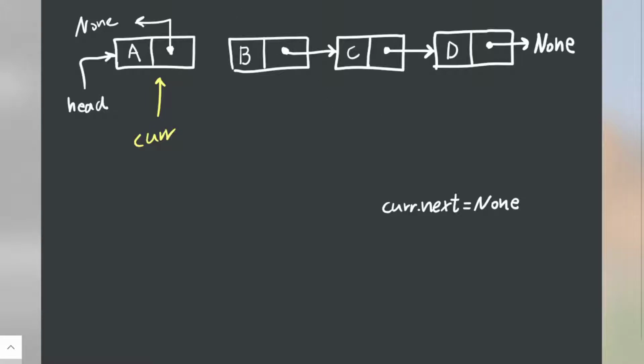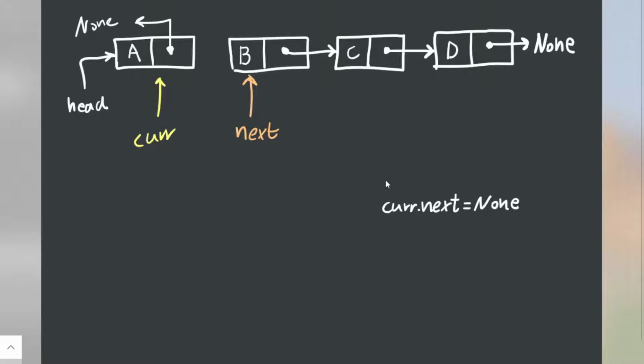So what's the most intuitive way to tackle that problem? If the problem is that we're losing track of the address of this node, then a simple solution is to introduce a new variable. Let's call that next, to store that value for us before we override it. So we take this value and we store it in next.